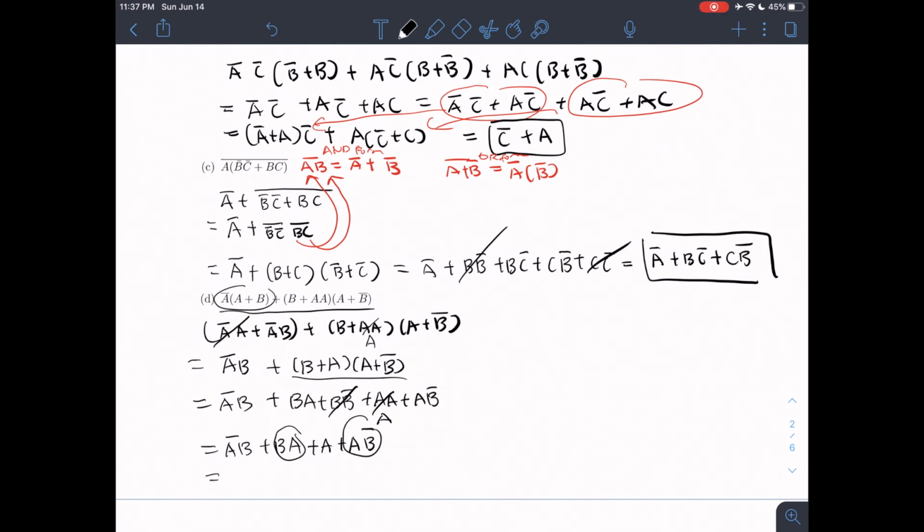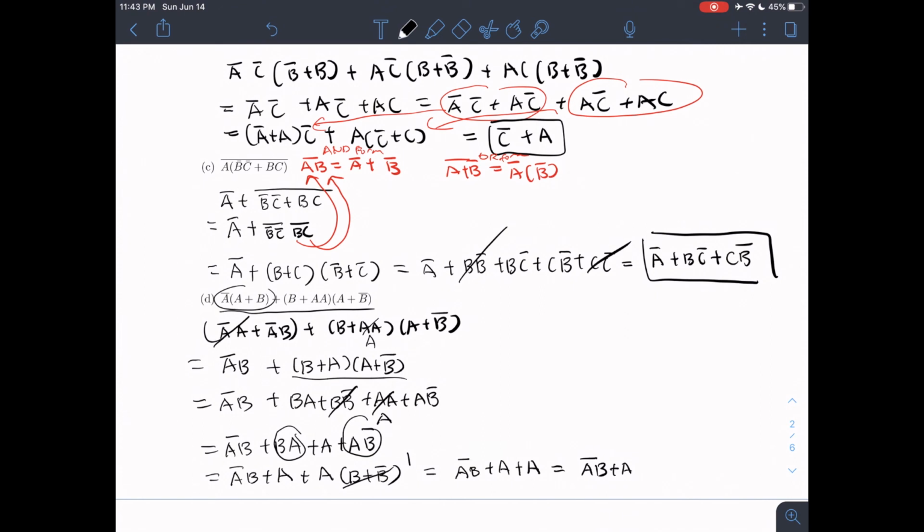So we get not AB plus A, and then we're going to combine BA and A not B. So we're going to get plus A, B plus not B. And we know that B plus not B is going to be equal to 1 because of the inverse law of OR form. So this is going to be equal to not AB plus A. And we know that A plus A is equal to A according to the idempotent law of the OR form. So this is going to be not AB plus A.